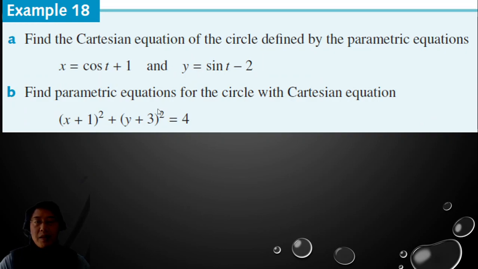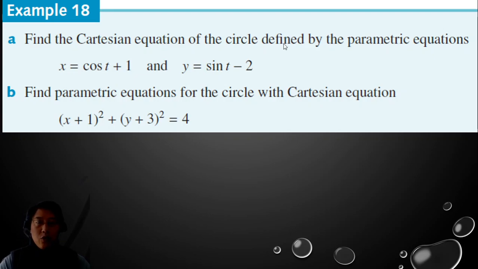Alright, next one. This one involves circles. Here you have your parametric equations of a circle. Once you get used to it, it's easy to determine the features of a circle without changing into a Cartesian form.